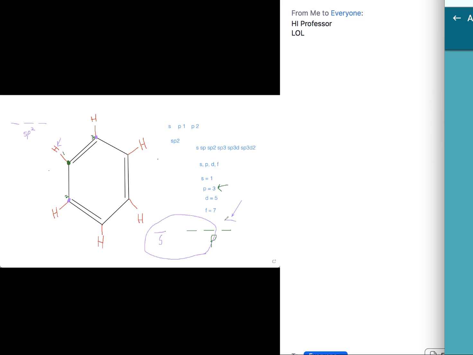But you'll notice that we have this 1 left over. It's just a pure p orbital. The pure p orbital, you can see where it is in the model up here, because it's the double bond.